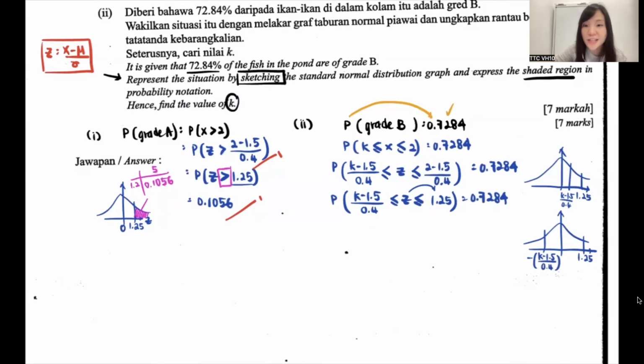Now, like this, okay? Now, where should I sketch? So now they say the Z is bigger than this, smaller than this. Isn't it sketch in between? After I sketch both, I straight away know which one makes sense, my dear. I hope you guys know the total probability for the whole graph is always what? 1.